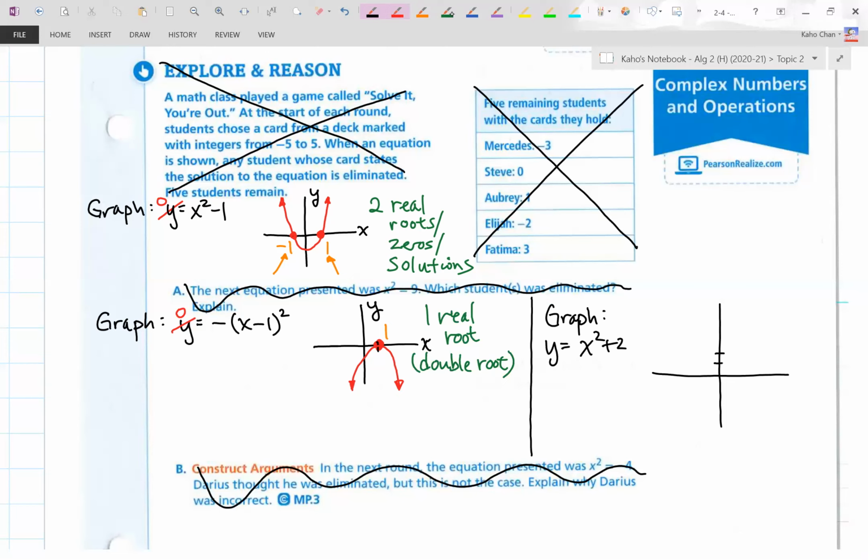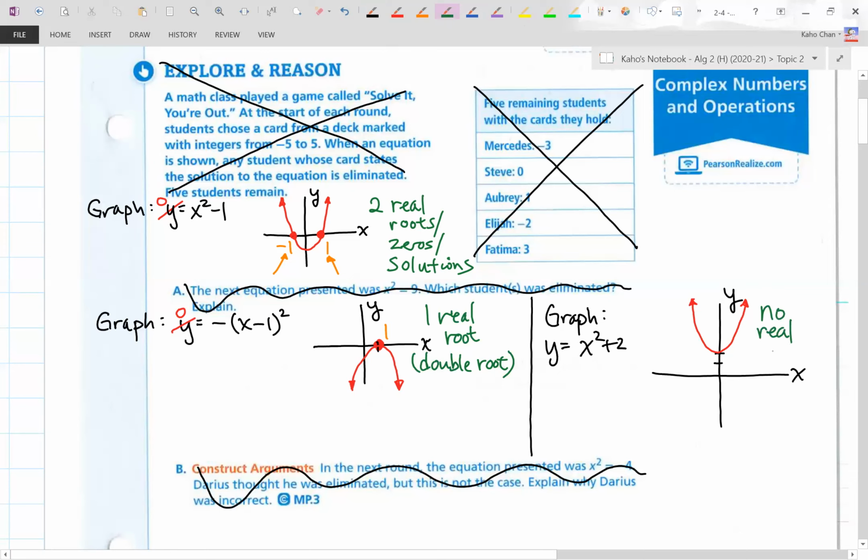When I do that, I have a parabola that kind of floats above the x-axis. In fact, it doesn't cross the x-axis, does it? This is considered to have no real roots or no real solutions. I will use the words roots, zeros, and solutions interchangeably.